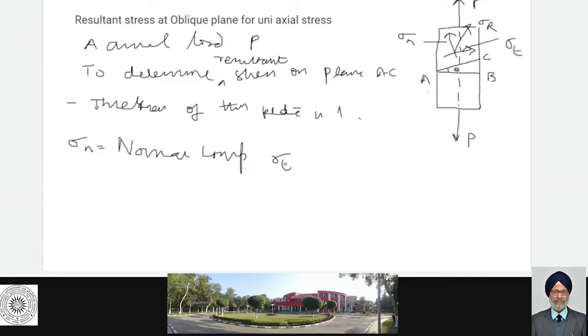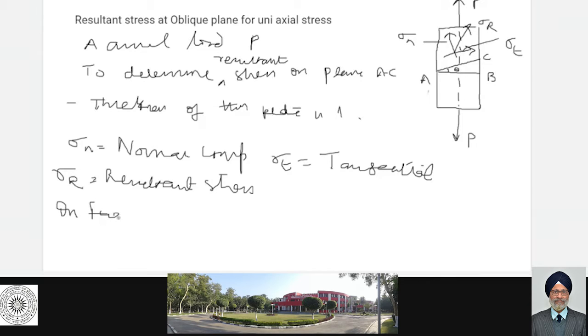Sigma t is the tangential component, and sigma r is the resultant stress.